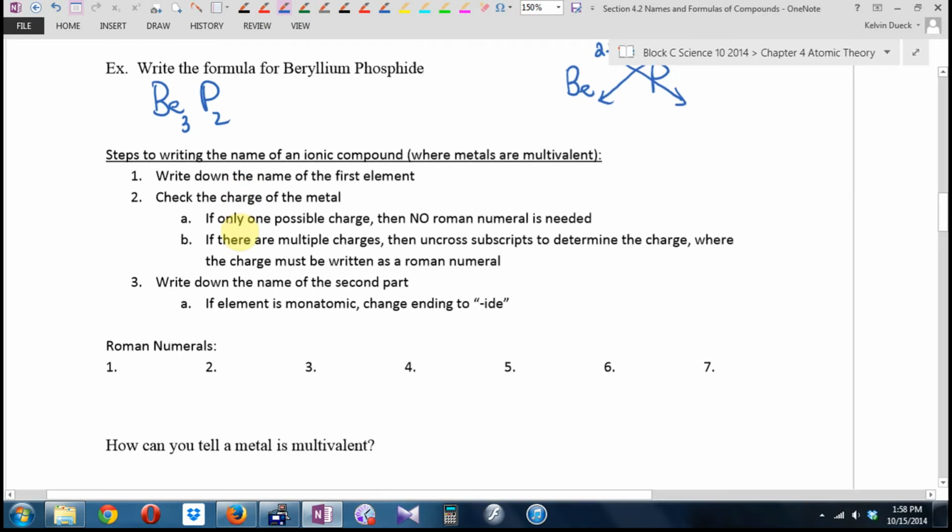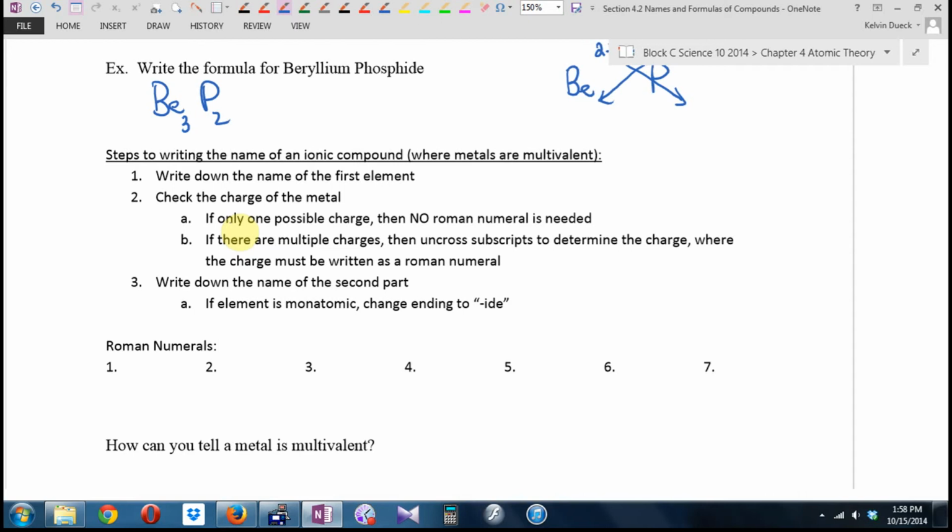You write down the name of the first element, and then you check the charge of the metal. If it's not multivalent, if there's only 1 possible charge, we don't need to do Roman numerals. But if there's multiple charges, we uncross subscripts to determine the charge, where the charge must be written as a Roman numeral.